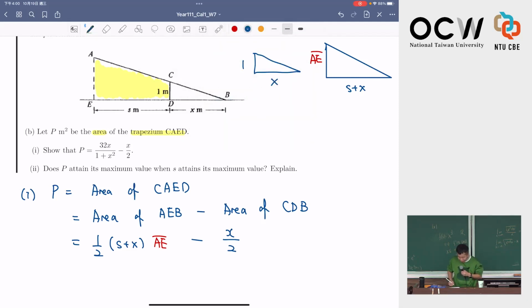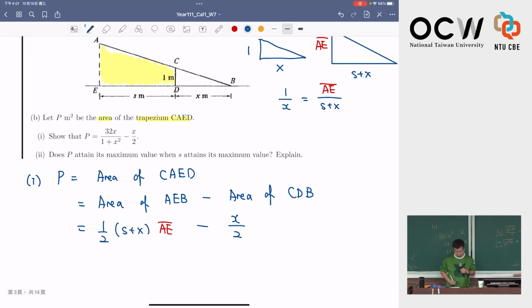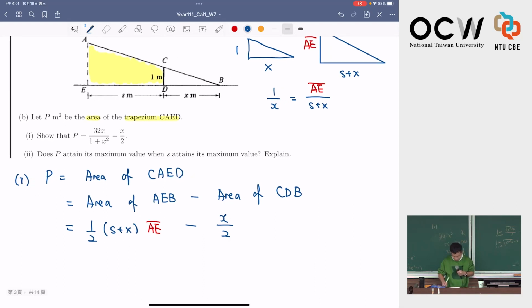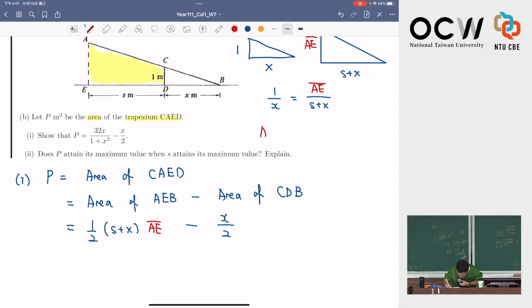So by comparing similar triangles, we get 1 over x equals AE over s plus x. So AE equals s plus x over x.